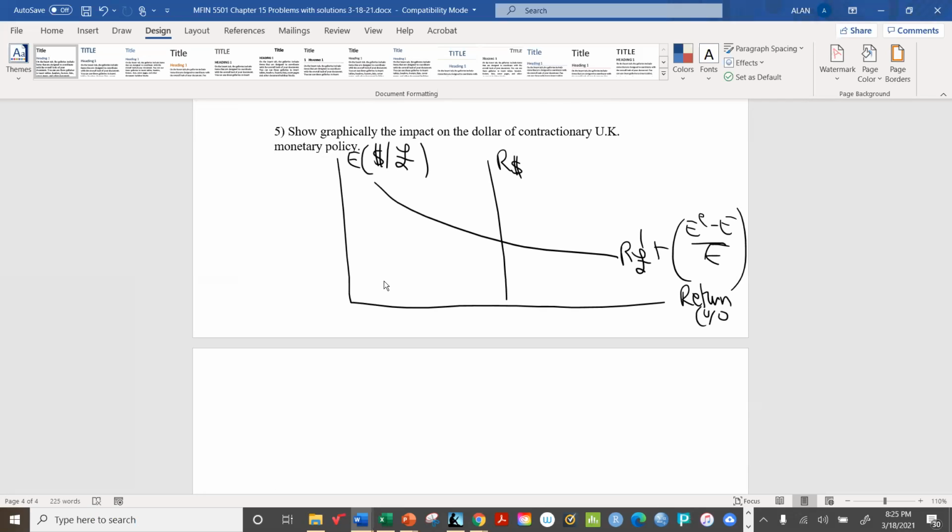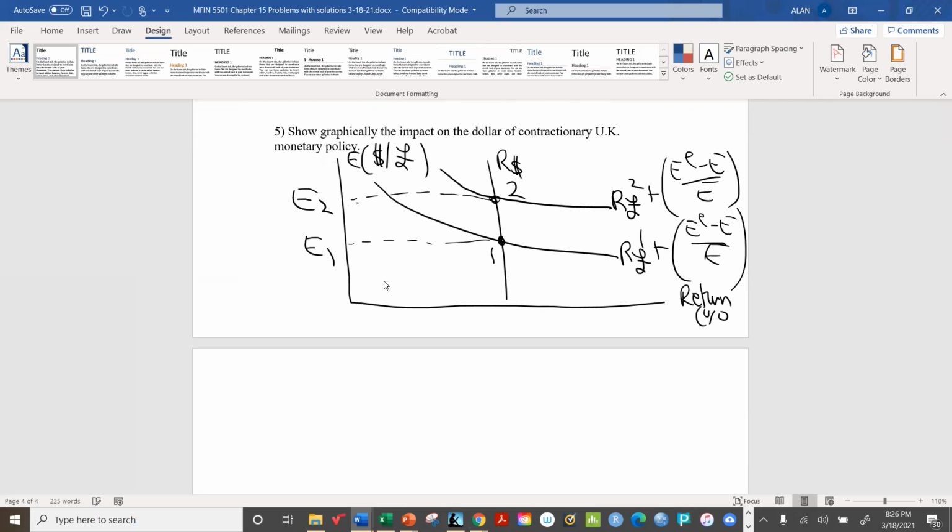All right, so we started here at 1, and the UK rate goes up. So this entire curve shifts up or to the right, depending on how you look at it. And so we move up to point 2, where the dollar is weaker. That's again what you would expect, given that the UK rate has gone up.